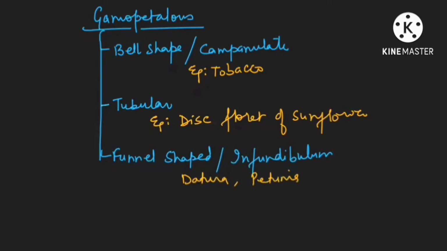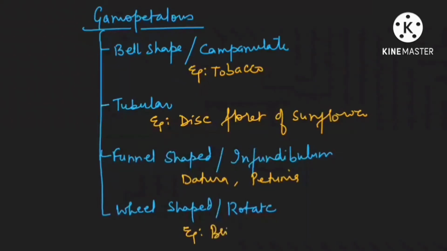Another form can be wheel shaped, which is also known as rotate. An example of rotate is your brinjal. So these are a few examples of the forms of corolla in case of gamopetalous condition as well as polypetalous condition.